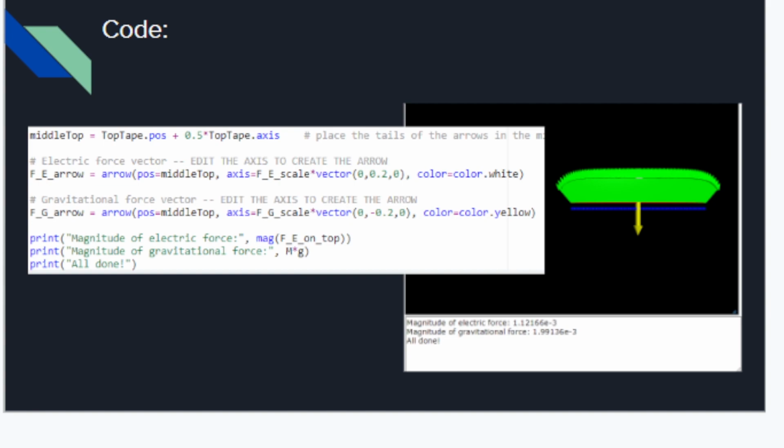You can't see it because I used so many green arrows for the individual electric fields, just to get a good visual of what the distribution of charge looks like. In the bottom right, the output shows that the magnitude of the electric force was roughly the same as the magnitude of the gravitational force, which follows Newton's laws, specifically Newton's second law.